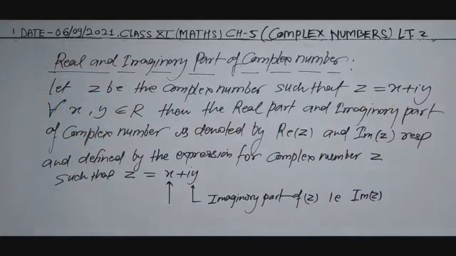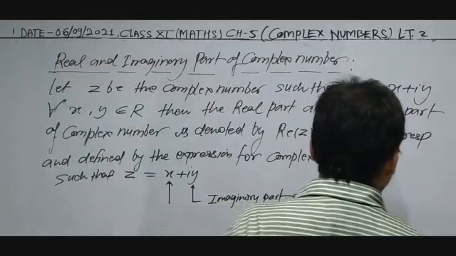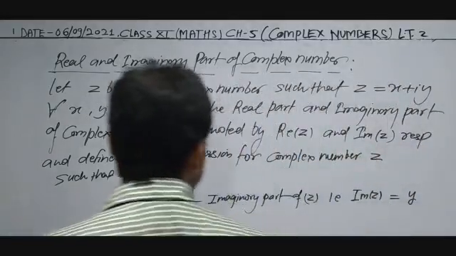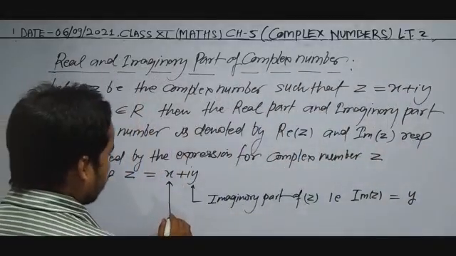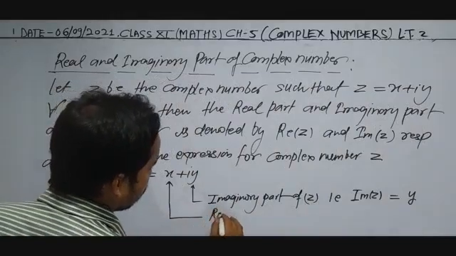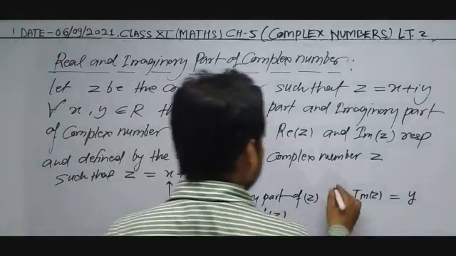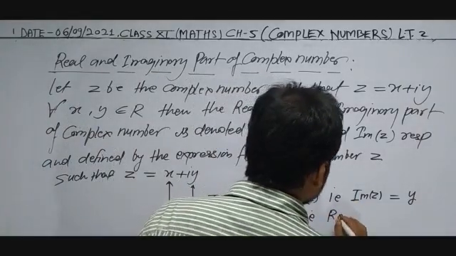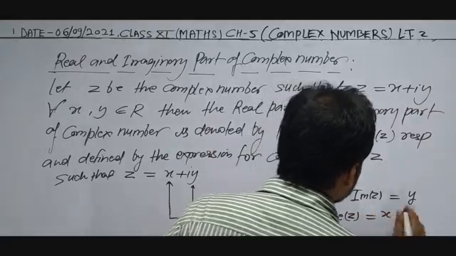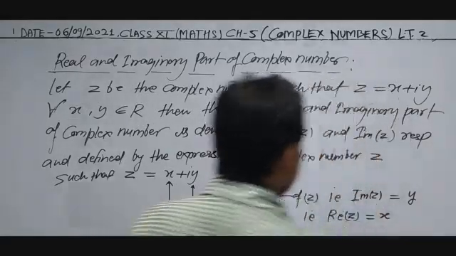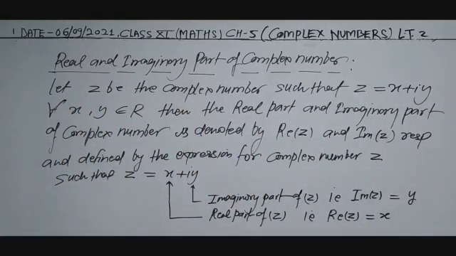That is, imaginary part of z is equal to y, and this is the real part of z, that is, real part of z is equal to x. So real part of z is x and imaginary part of z is y. This is the real and imaginary part.